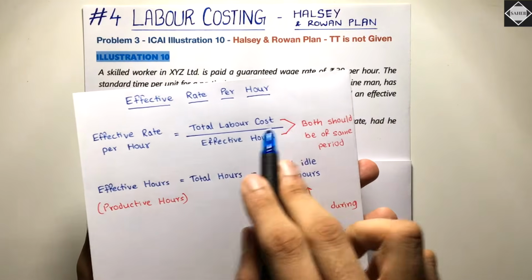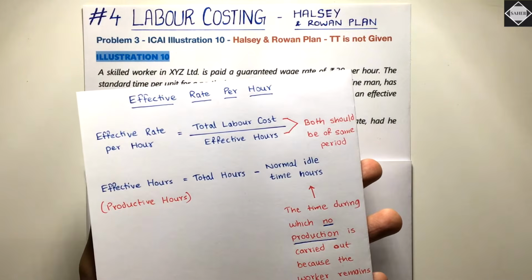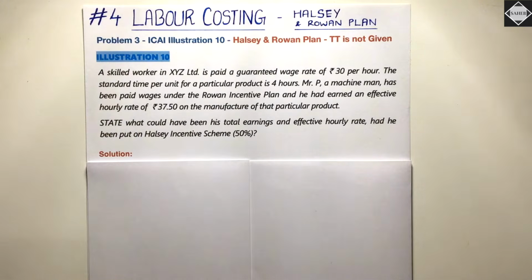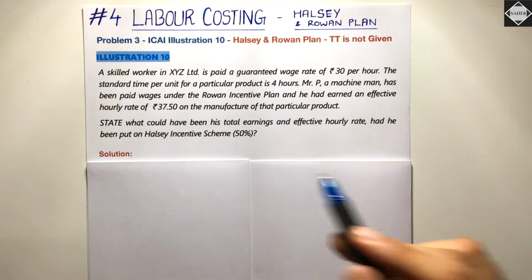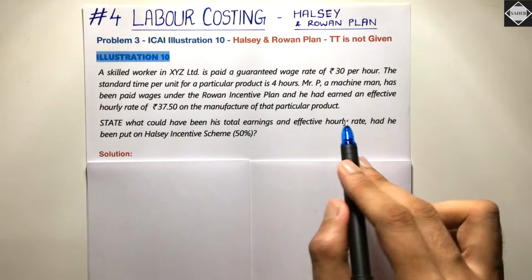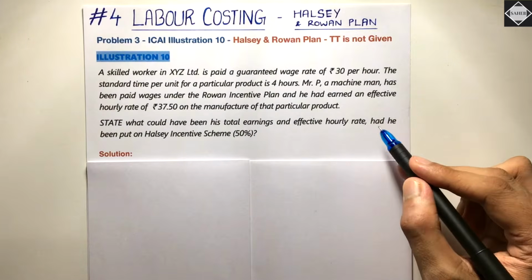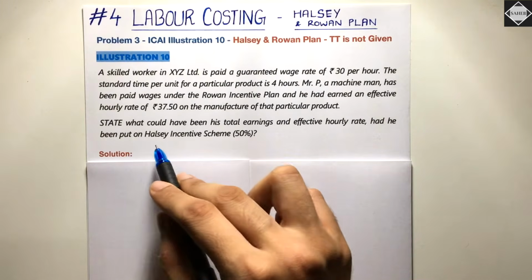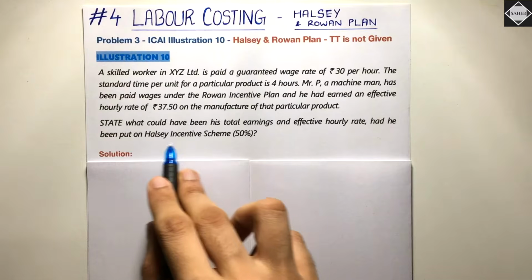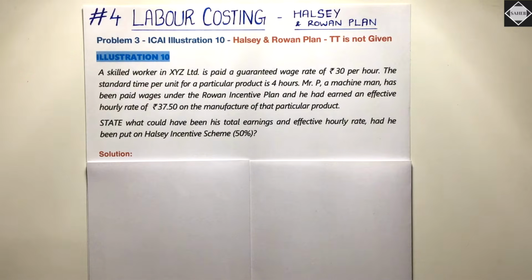Yeah. Total labor cost divided by effective hours. Fine. So that is what they are saying. And then see, on the manufacture of that particular product, state what could have been his total earnings and effective hourly rate had he been put on Halsey incentive scheme. 50%. Yeah, that's 50% only. 30% is also there, so that's different. You know, Halsey Weir premium plan, Halsey premium plan is just 50%, right?